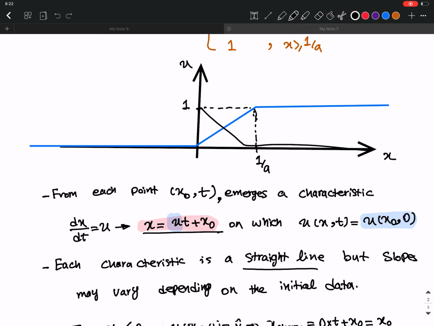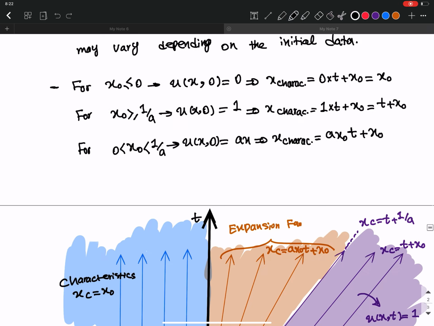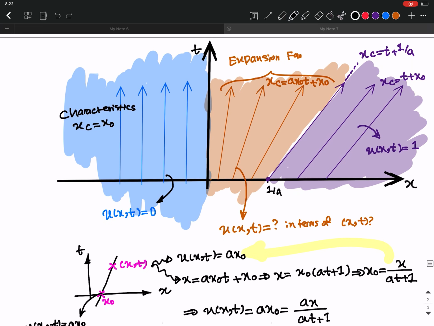And then your characteristics are going to be also different. They can look like something like this. And then you will have a shock, somewhere where all the characteristics are going to gather and touch each other. For one location, a lot of characteristics come there from different initial data, and this is in gas dynamics. This is where a shock happens, right? So this has a lot of implications for gas dynamics problems.